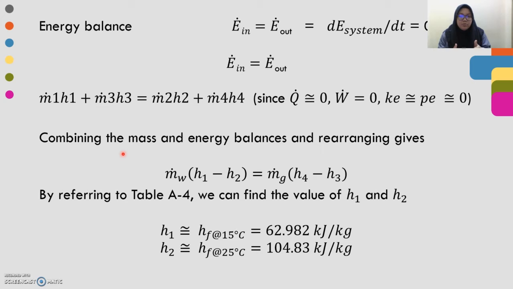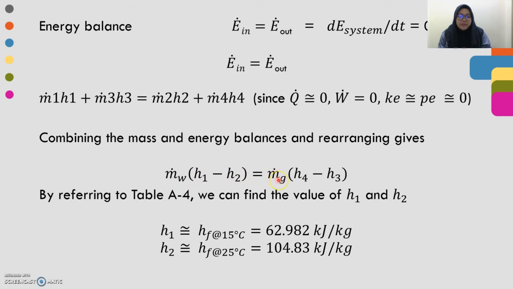So m dot water times (H1 minus H2) is equal to m dot refrigerant times (H4 minus H3). Based on this equation, we are looking for m dot water, and H1 and H2 we don't know.